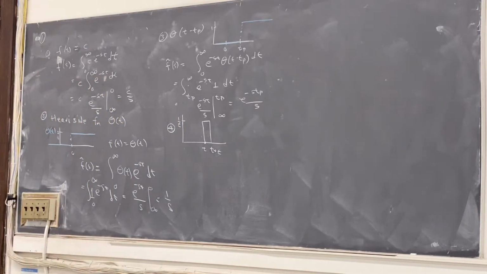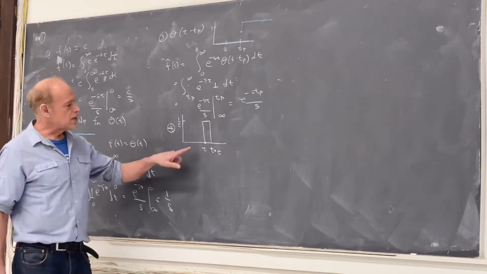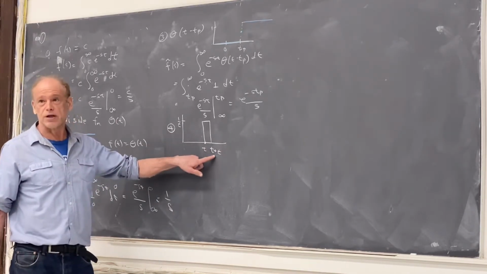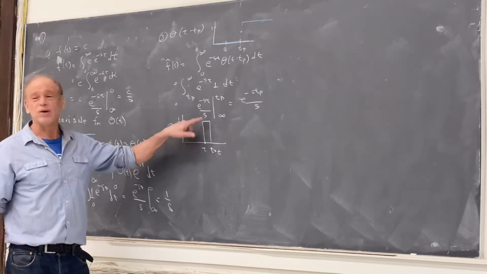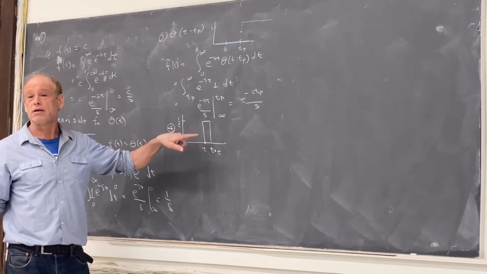So if I have a rectangle that goes from t to t plus epsilon and has a height 1 over epsilon, what's the area of that?